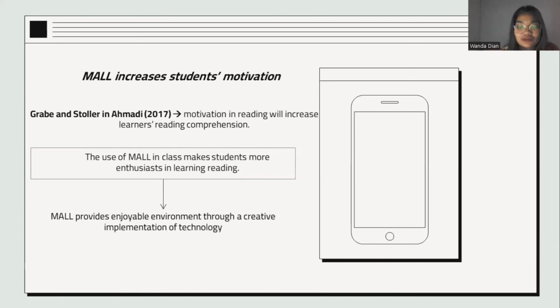MALL provides an enjoyable environment through a creative implementation of technology. A well-designed material with the implementation of technology will make the students more engaged in the learning process, and it makes the learning process more enjoyable and less boring.